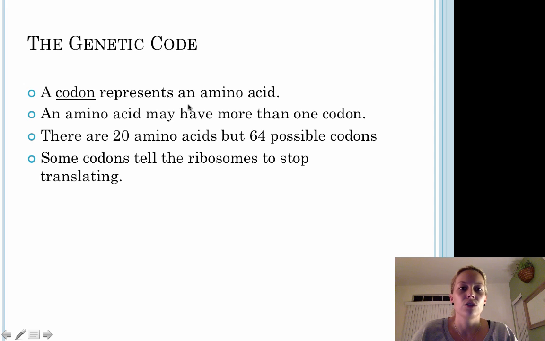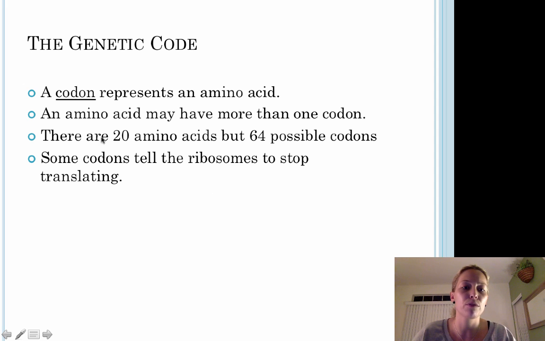Next, we have to take a look at the genetic code. Once we have constructed our mRNA molecule, it is made up of a sequence of bases, A's, U's, C's, and G's. We can break up those bases into groups of 3.